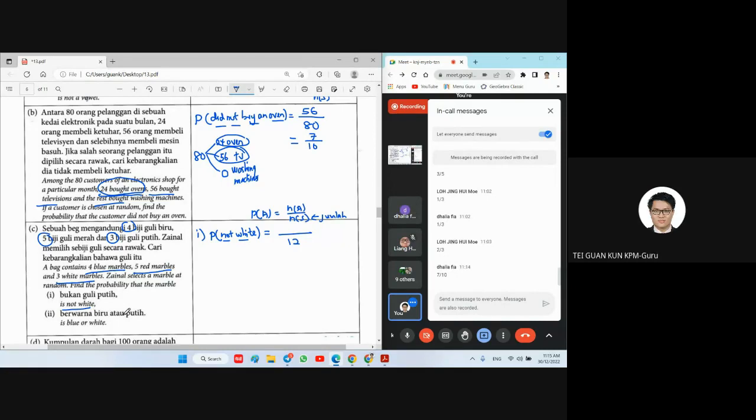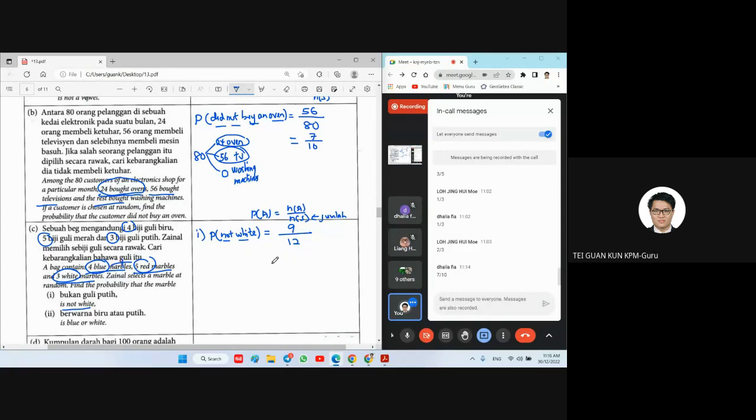9. Kan? Yang bukan putih. Okay. 3 white. So, yang not white ialah blue and red lah. So, these two lah. Okay. So, 9 lah.